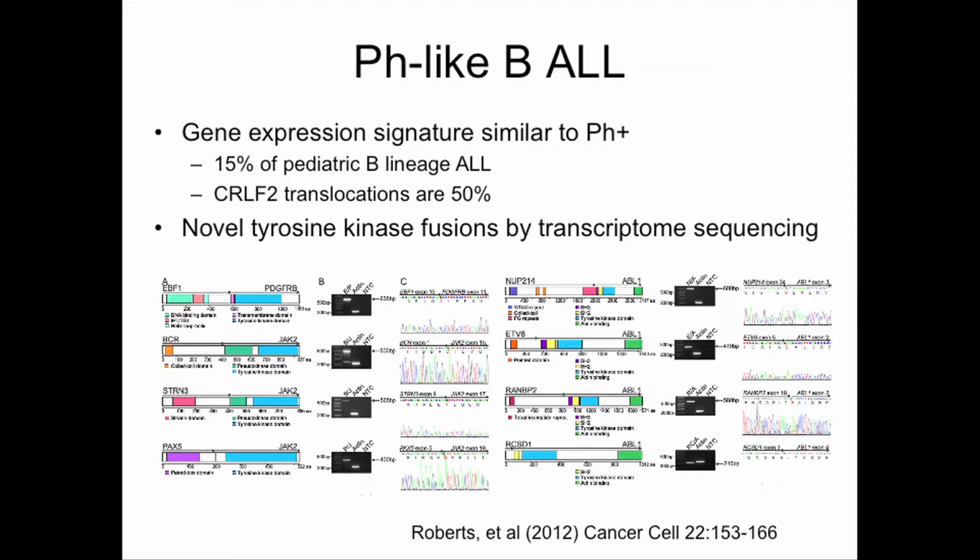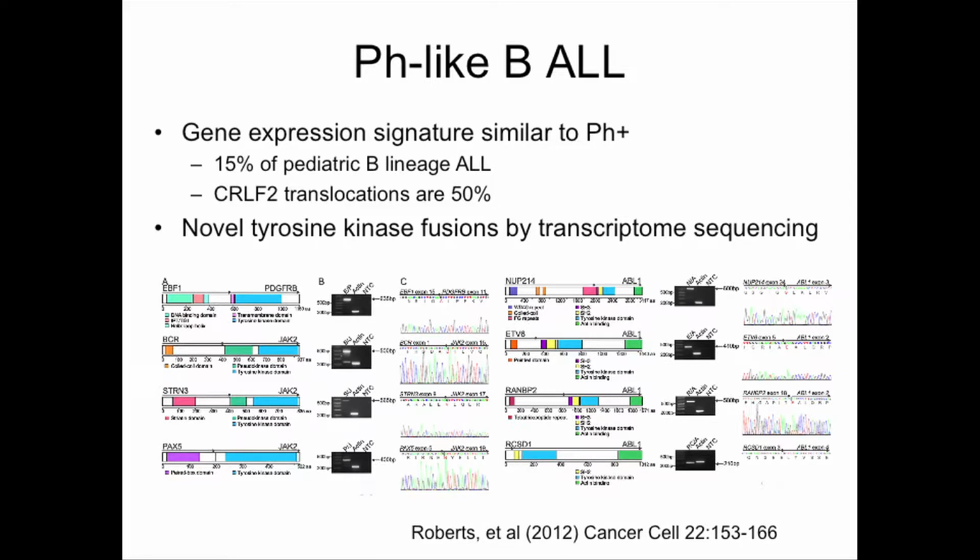Rather than BCR, we have a variety of other genes involved in partnership in a unique fusion with the ABL1 gene. Similarly, JAK, another tyrosine kinase, has a novel series of fusion partners. PDGF receptor beta has a novel fusion partner, and there's an ever-growing list of these abnormalities seen in this subset of B-ALL.